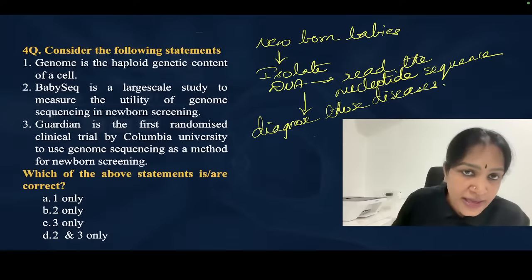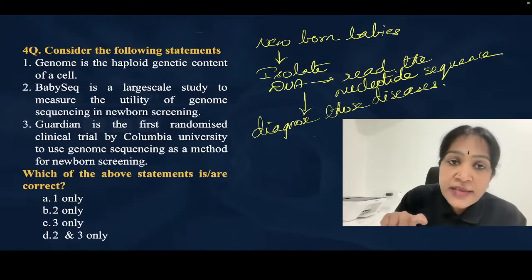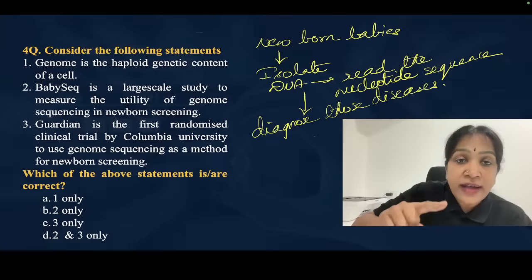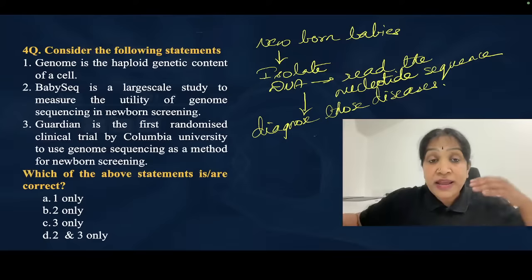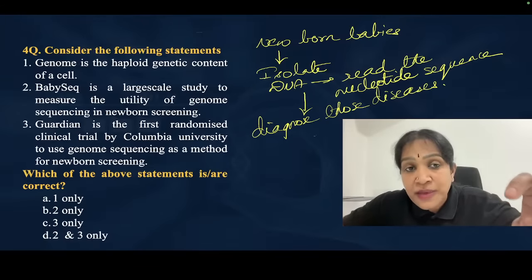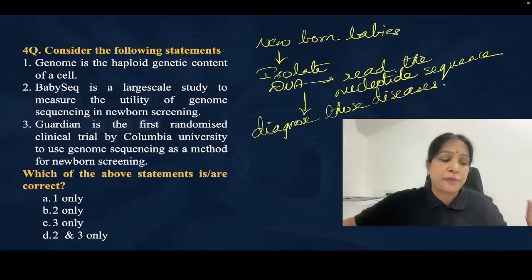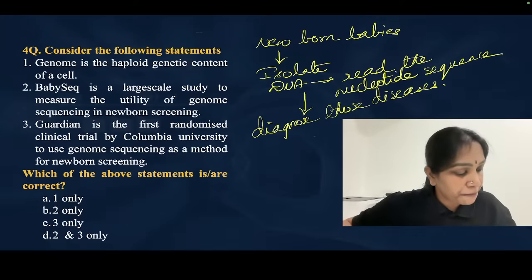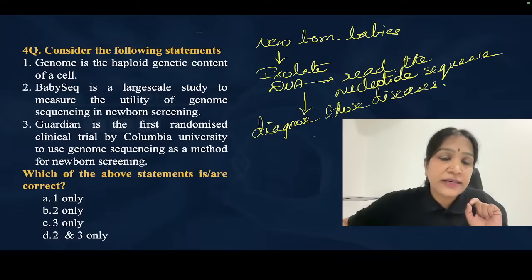So, if you have a cancer causing gene, you can diagnose it the day the baby is born. I mean, at the age of 50, whether this baby will get cancer or not, you can tell the day the baby is born. I hope it is clear. Yes, by sequencing the DNA.